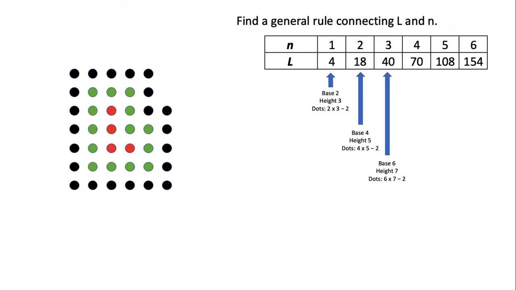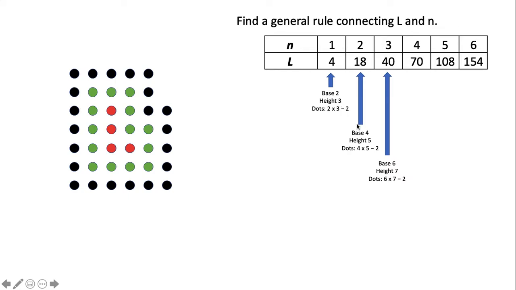Now that's not just happening randomly. So you notice that the base numbers are going 2, 4, 6, and you can predict the next one will be 8. And that's happening because we're adding a column of dots that side and a column of dots that side. So we're adding 2 dots to the base each time. And then the same with the height. It started at 3.